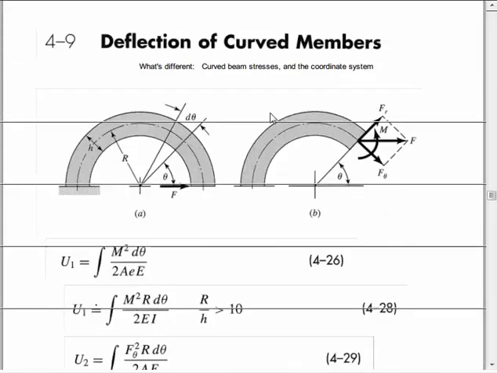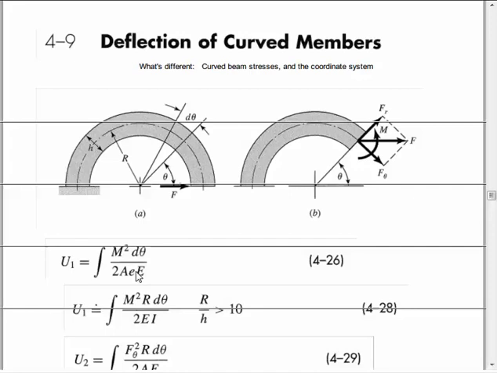Deflection of curved members. If it is a thick curved member, then we'll use the eccentricity form of curved beams that we used back in chapter 3 to calculate deflection. So we'll use an eccentricity value both for stresses and deflections.